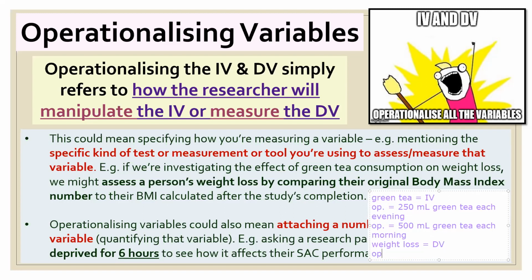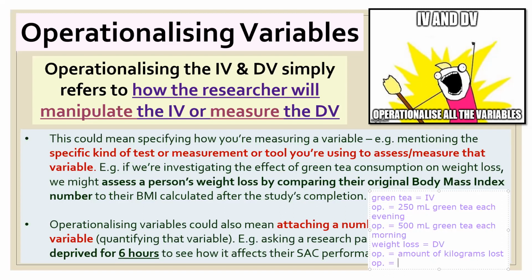Okay, if we operationalize weight loss, we could operationalize it by amount of kilograms lost, and we're using a weighing scale to kind of measure that. However, we also know that weight loss is not just about the number on the scale. It can also be about how many inches you've lost from your waist, or how much more slim or skinnier your stomach has become.